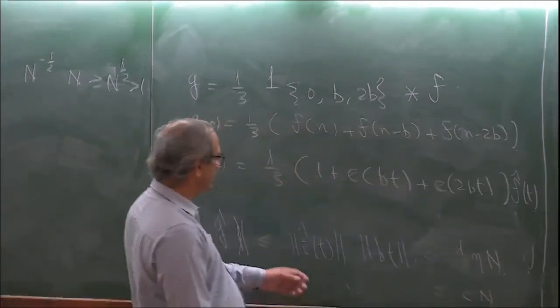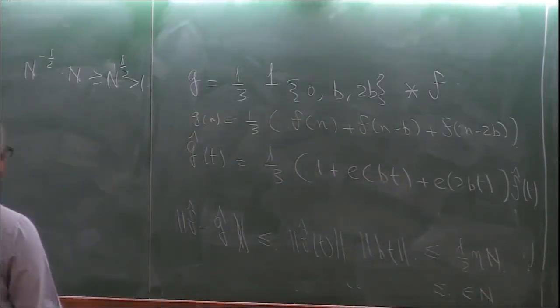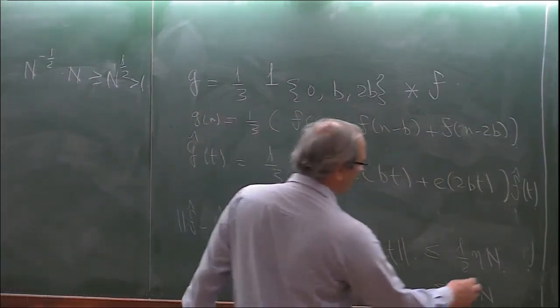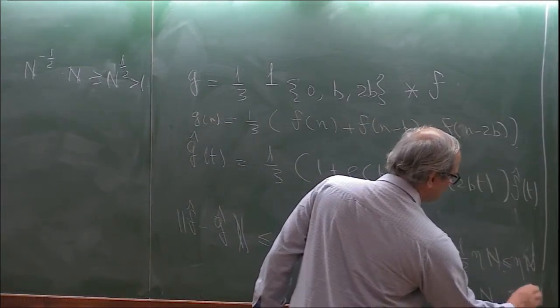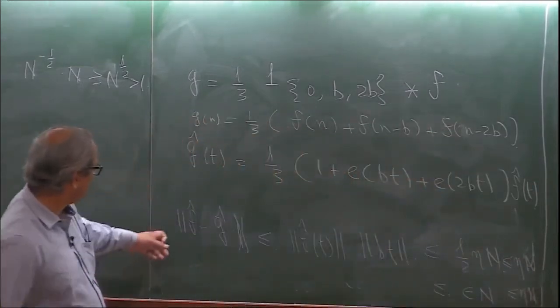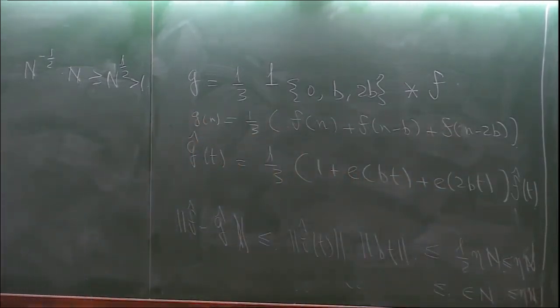And epsilon being smaller than eta, this will give you anyway, everything is less than eta n. Okay, so the difference between the Fourier transforms is less than this.